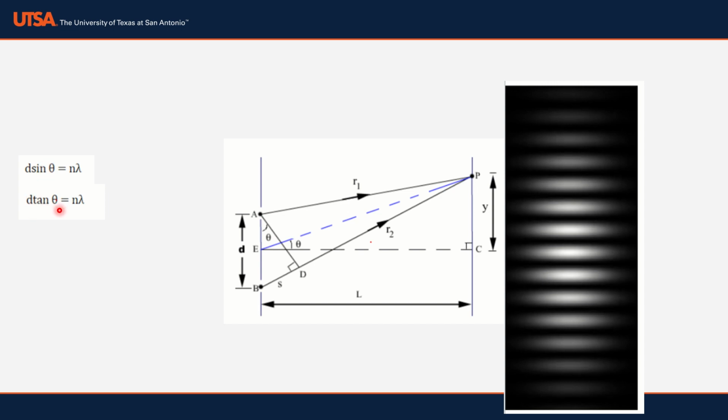And the reason why we want to do this is because we know that tangent theta is equal to the opposite over adjacent, right? And in our case, we want to know the height. So the opposite of the triangle would be this y right here, and then the adjacent would be this L. So now we have y over L. So then we're just going to substitute that back into this equation.